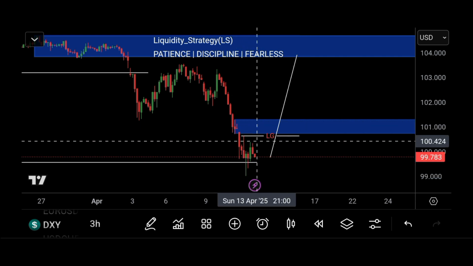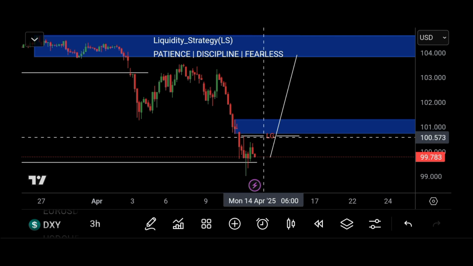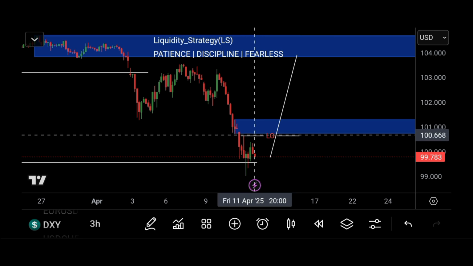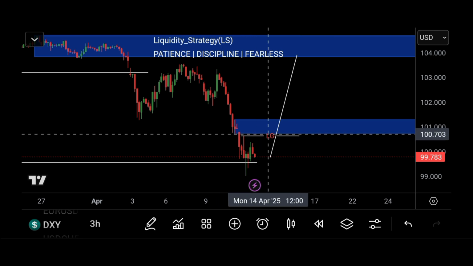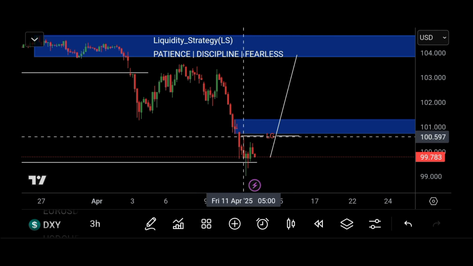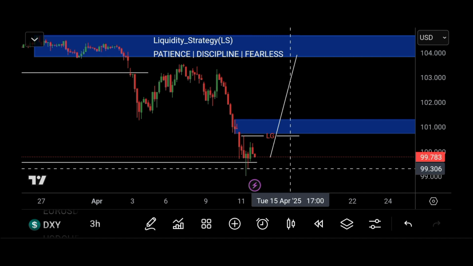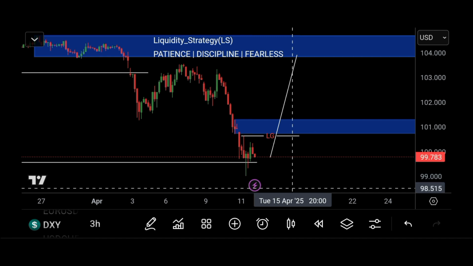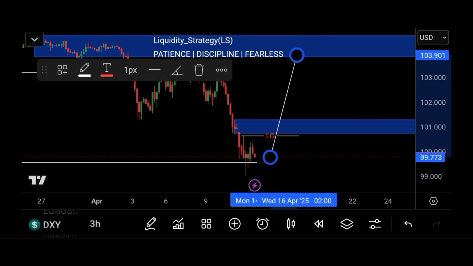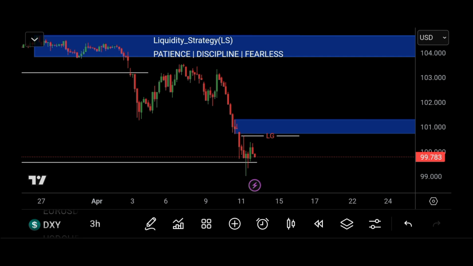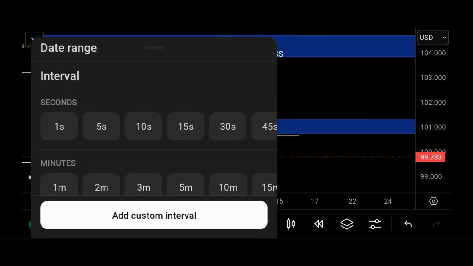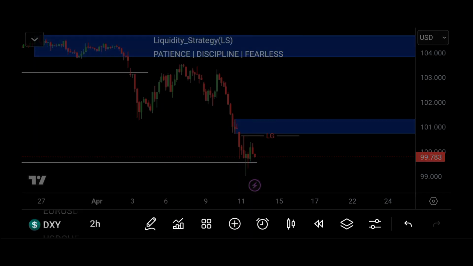Once we see a strength recovery here, market should come and take out this recent lower high and bounce to this supply zone to continue the bearish move. So that's what we are expecting this week. We're expecting a bearish continuation structure this week.